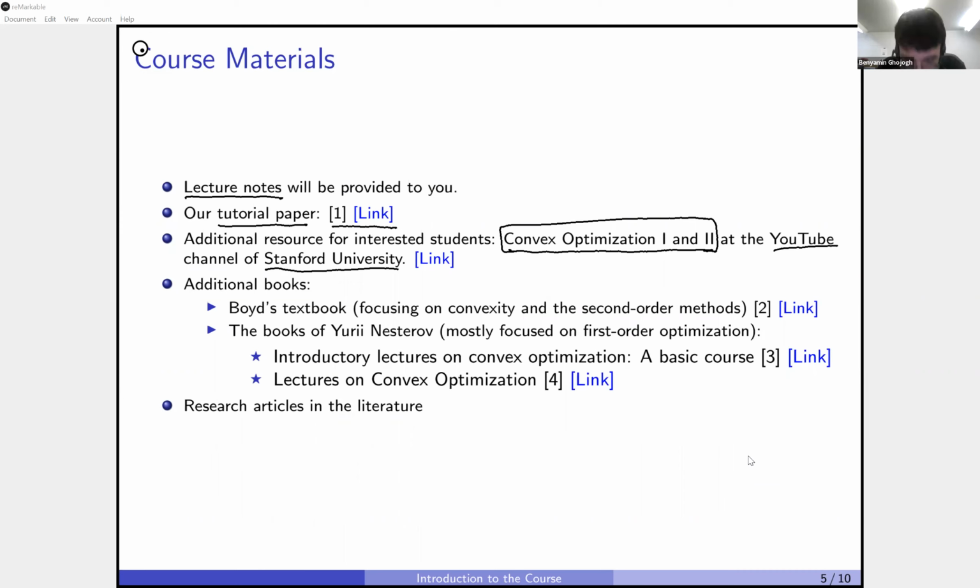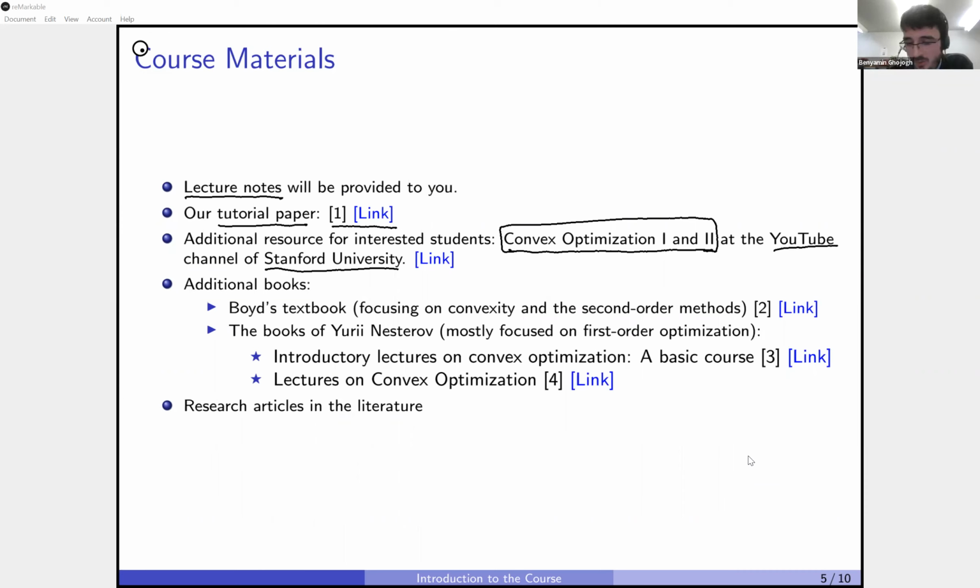There are two courses, and there is a playlist with both courses back to back. It's a good course to look at.